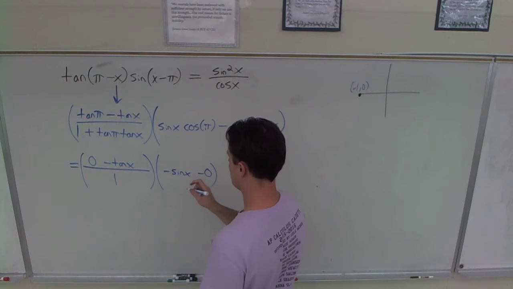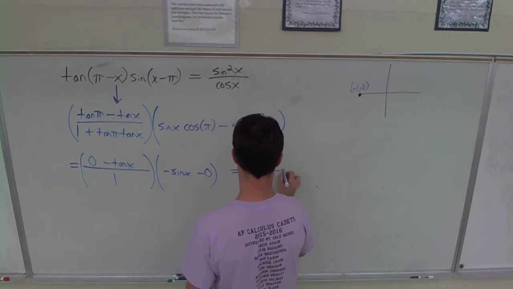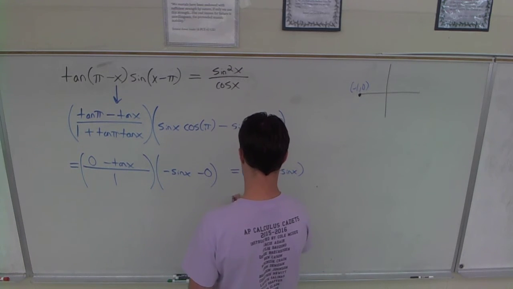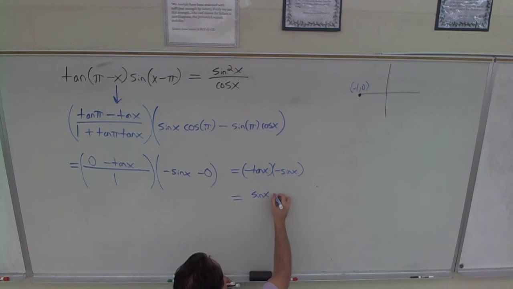So this is going to be negative tangent times negative sine. Yes, you also want to take that little tangent and turn it into sine over cosine. It's going to be positive, yes, which will turn that positive. Well, no. That just gives you that thing up there that we were trying to solve for.